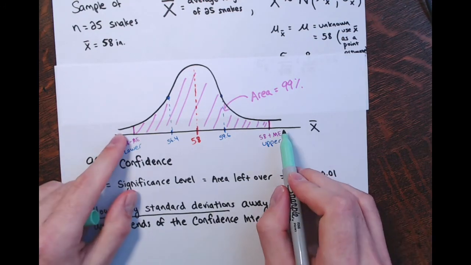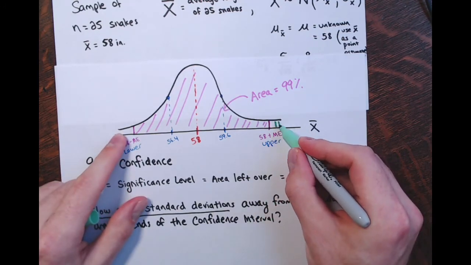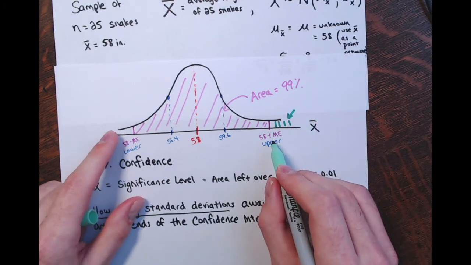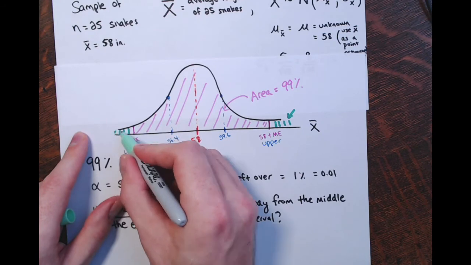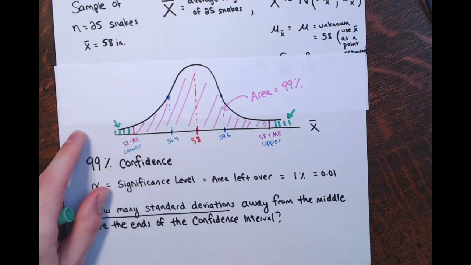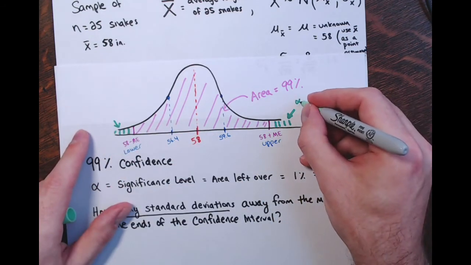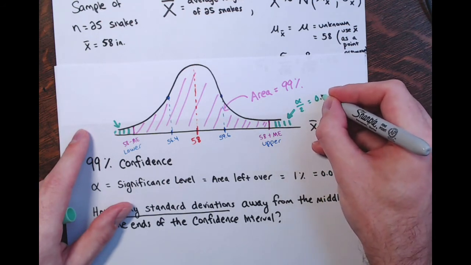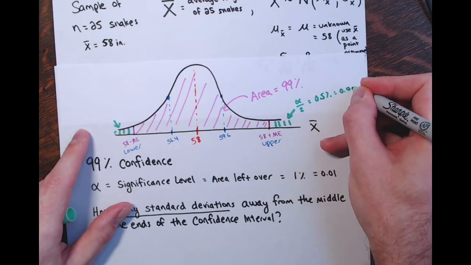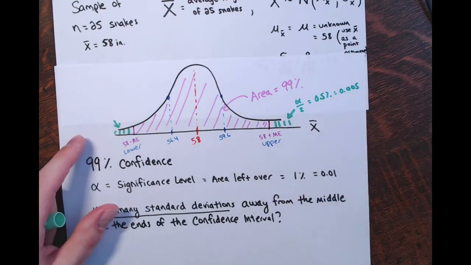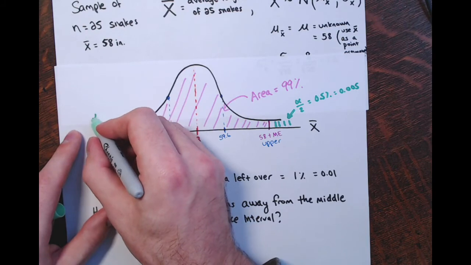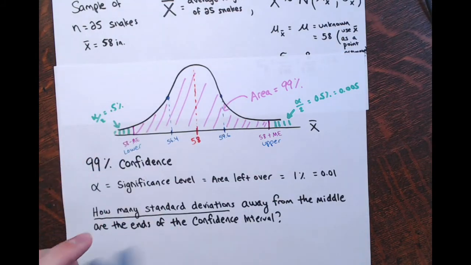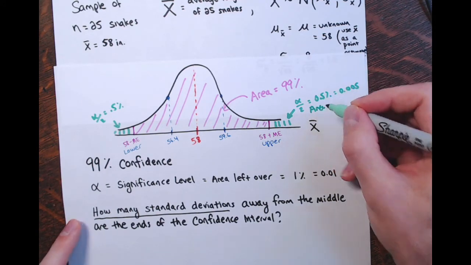If there's 1% left, the area above my upper limit and the area below my lower limit are each half of 1%. These are half of alpha, or half a percent, 0.5%, or 0.005. Same thing here, half of alpha, 0.5%. That's the area above.